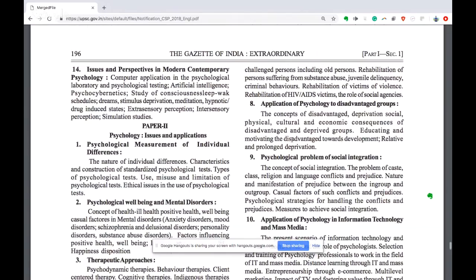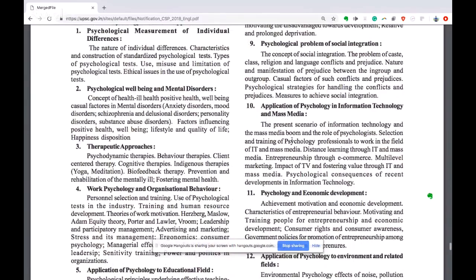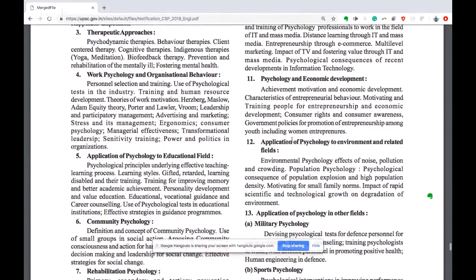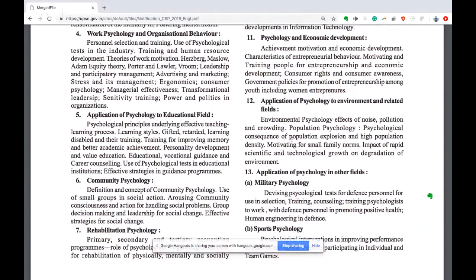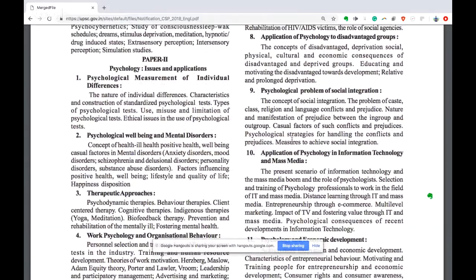Coming to paper 2, I won't go into much detail on the paper 2 syllabus because it is a cross-functional kind of thing. Basically, you have to write almost the same kind of answers.